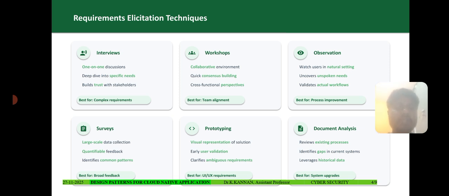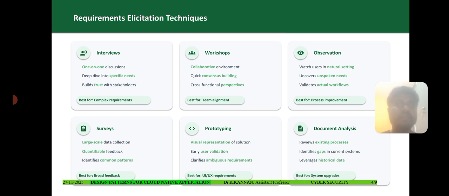Prototyping is a visual representation of the solution, giving early user validation and clarifying ambiguous requirements. It is best for UI/UX requirements, and prototyping supports us there.